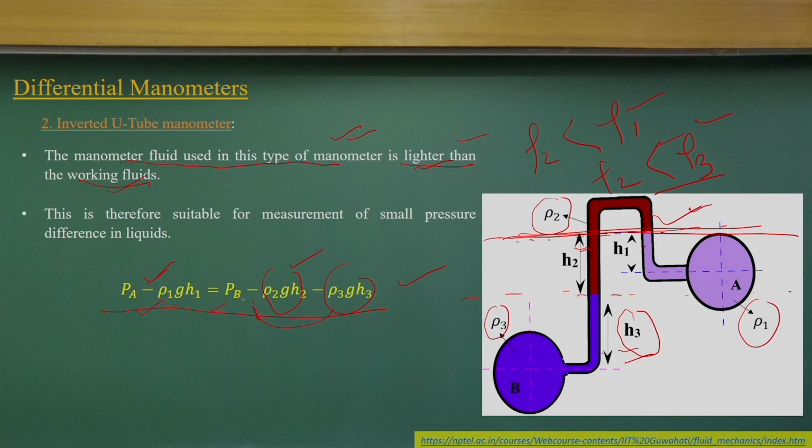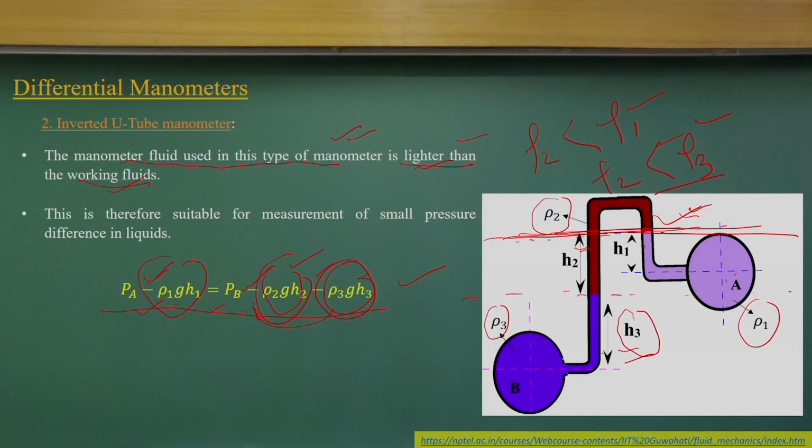So, in the case of an inverted U-tube manometer, we use the same equations, only the negative terms come in, because the manometric fluid is lighter than the working fluid. So, manometric fluids are lighter in an inverted shape, and we measure like this.